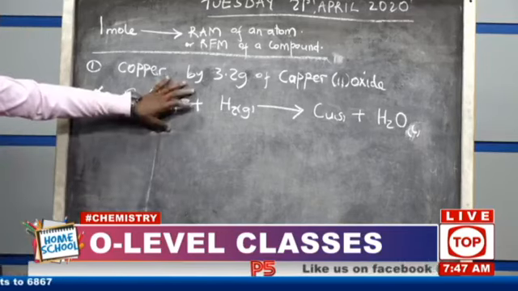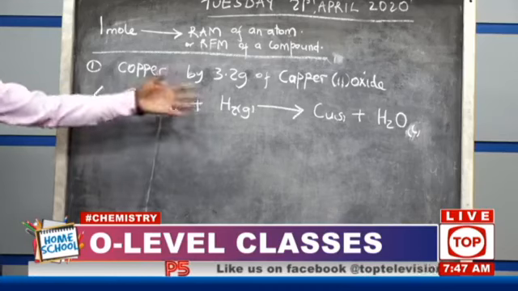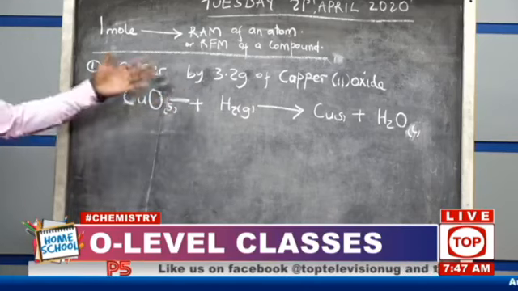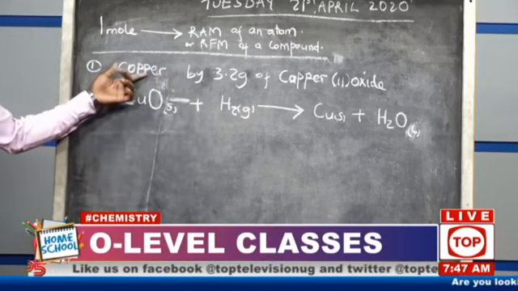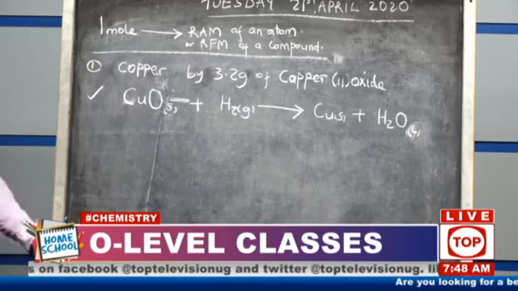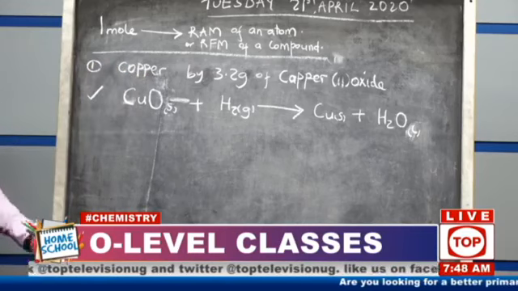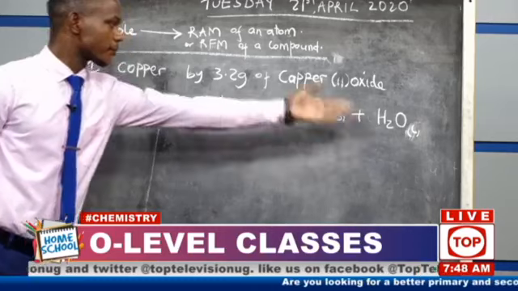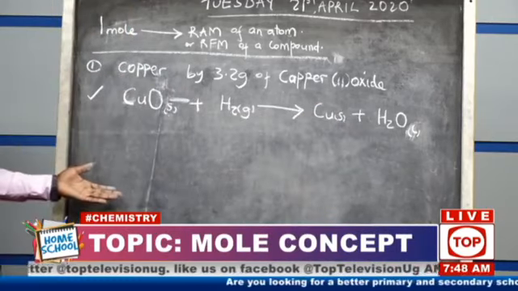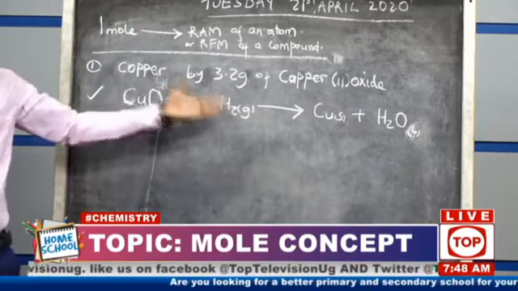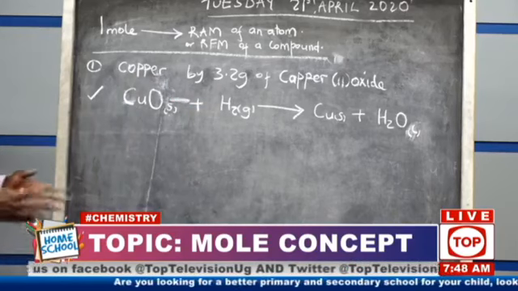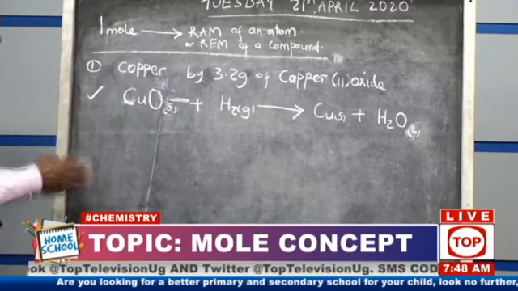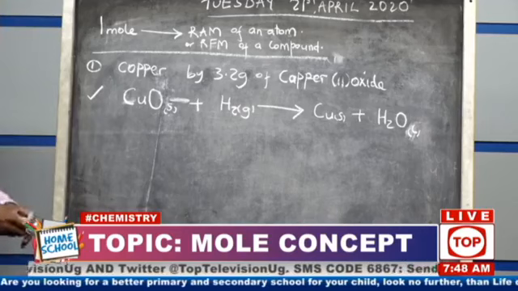Once we have this one, we are going to see other things becoming easy. Remember, part A is requiring us to calculate for copper. Part B is requiring us to calculate for grams of water. Part C is requiring us to calculate for hydrogen. So it is very simple. You just alternate the grams and you get the right answer here.